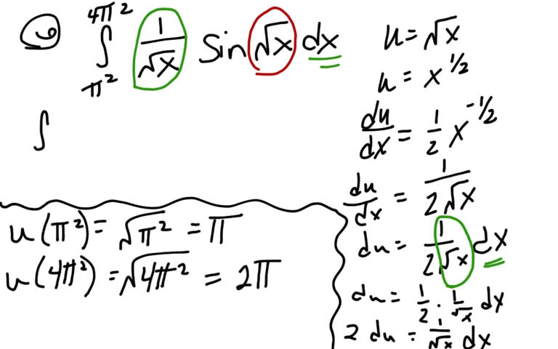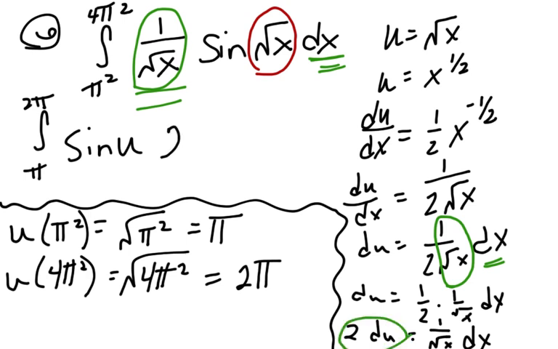So my new integral will be lower limit of pi, upper limit of 2 pi, and then sine of u, and then the 1 over square root of x dx will come out, and 2 du will go in its place. And then of course that 2 can come out in front of the integral symbol, which I'll do on the next slide.